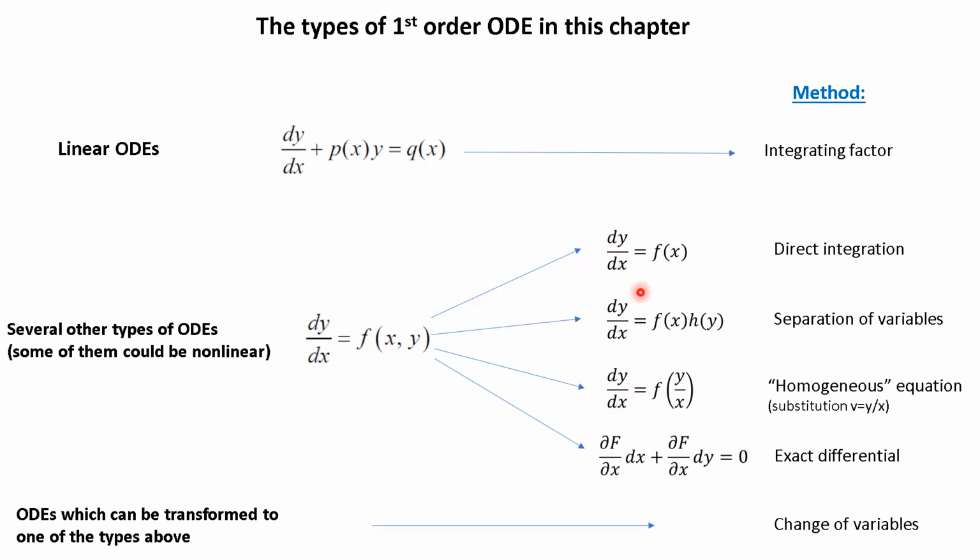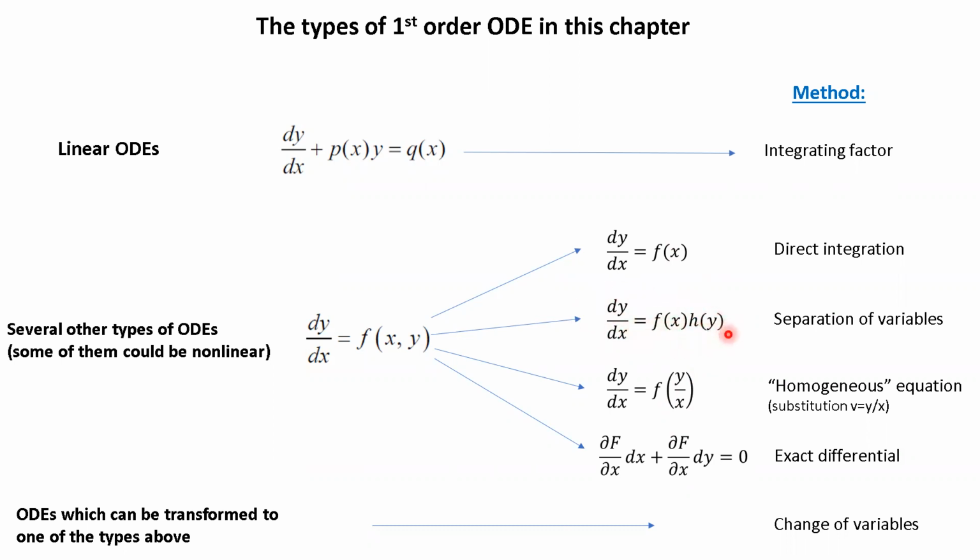For example, if I have dy/dx equals f of x, that's one type. The methods are all listed here, and I will go through them one by one. For each type, at least for some of the types, I'll try to give some examples in physics. Then this type, dy/dx equals f of x times h of y.